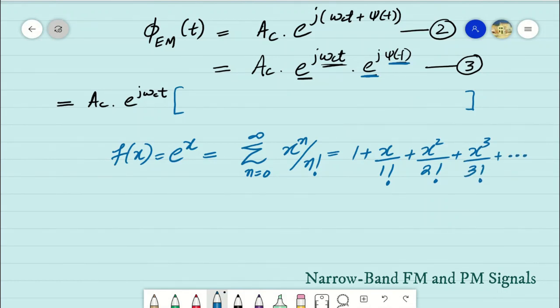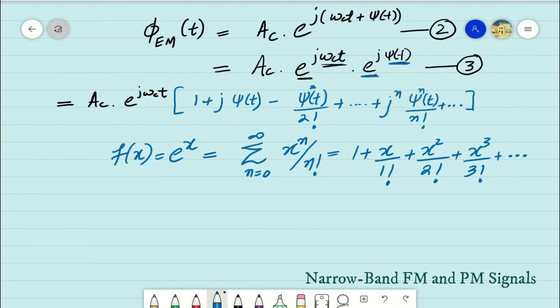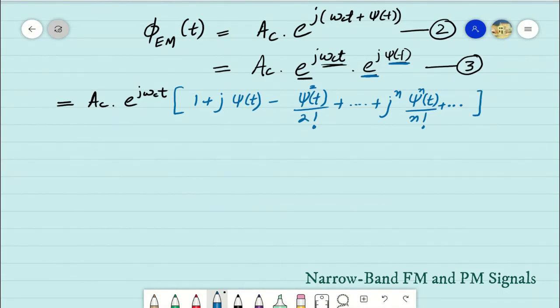By applying this power series expansion to the second exponent in equation number 3, we can get, and so on. For example, for the nth term, we can write it as, and it goes up to an infinite number of components. For instance, if we consider the case of frequency modulation, then the same analysis can be applied for the case of phase modulation.